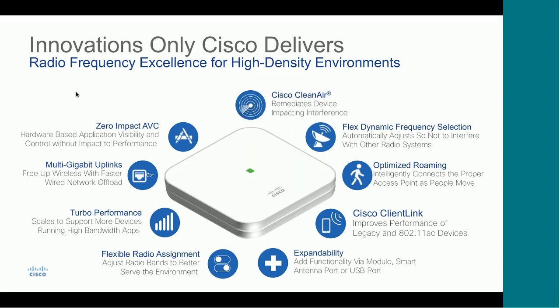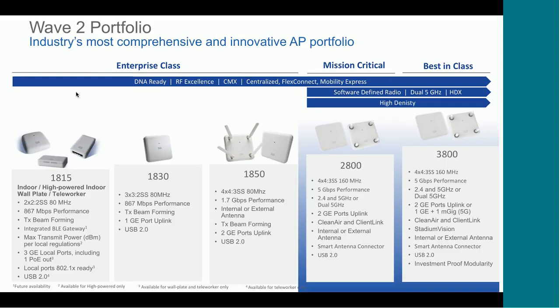Well, let's take a quick look at some of the innovations that only Cisco delivers on their APs. We provide the best of class customized chipset. We're not using off-the-shelf chipsets that some of our competitors are providing.